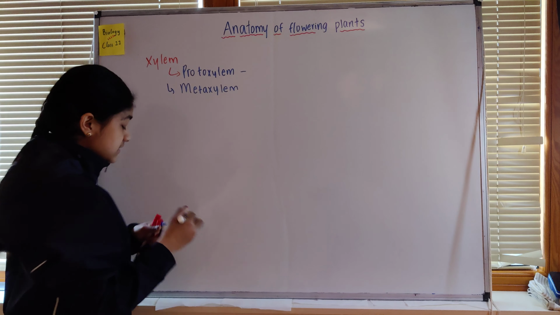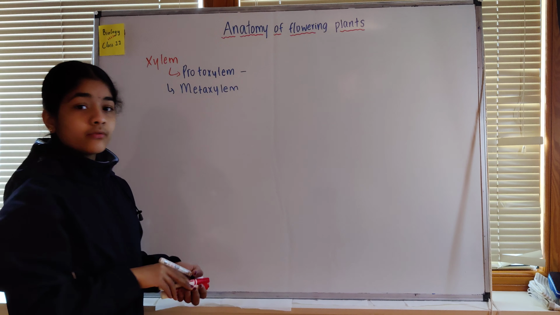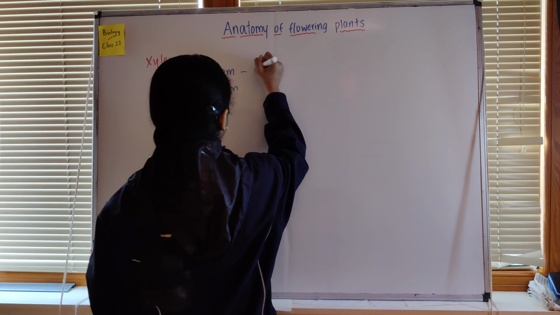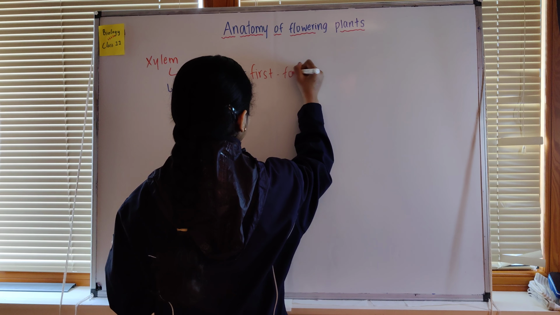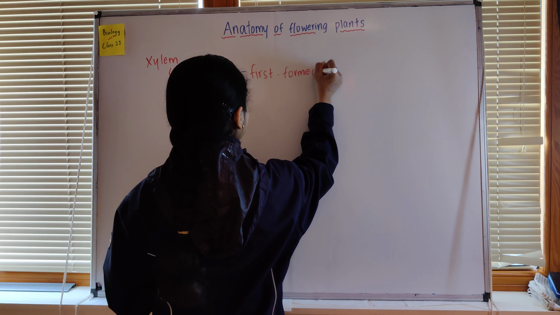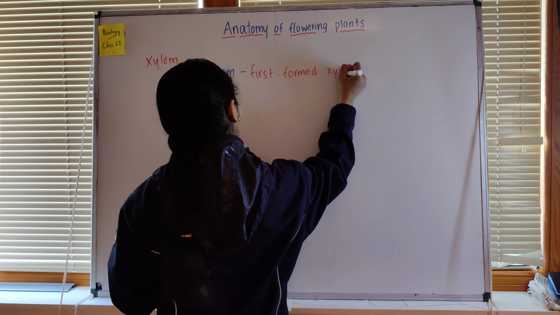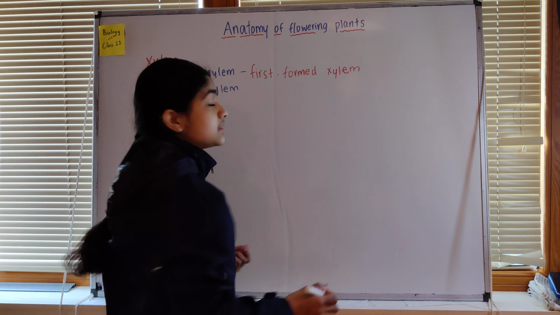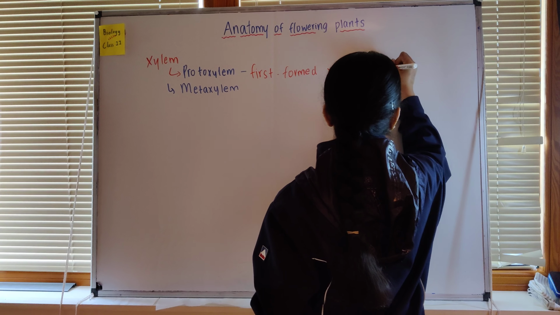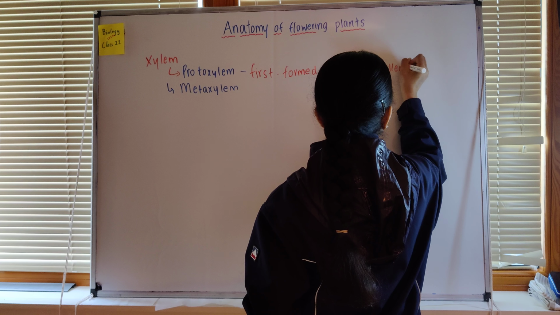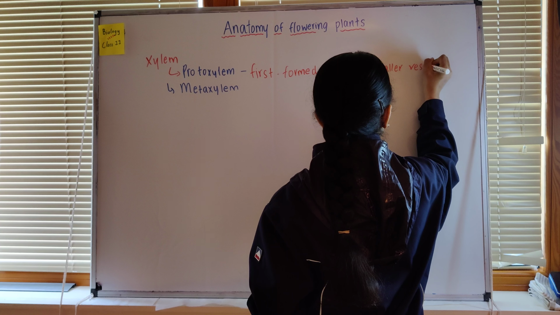This protoxylem is a xylem that is formed the first time. So it's the first formed xylem. This protoxylem always consists of smaller vessels.